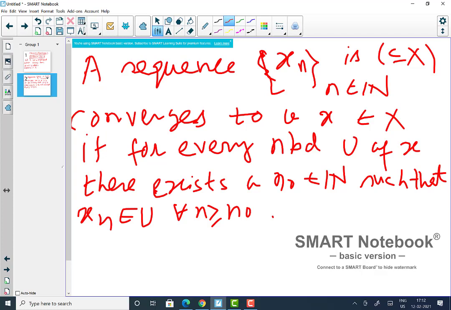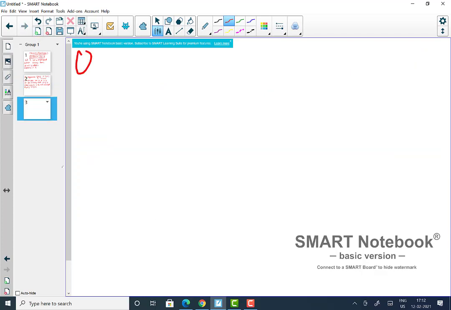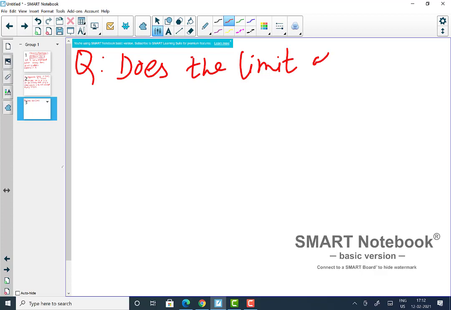Whatever you learn in real analysis, you can ask the same question here also. So, does the limit of a sequence x_n be unique?